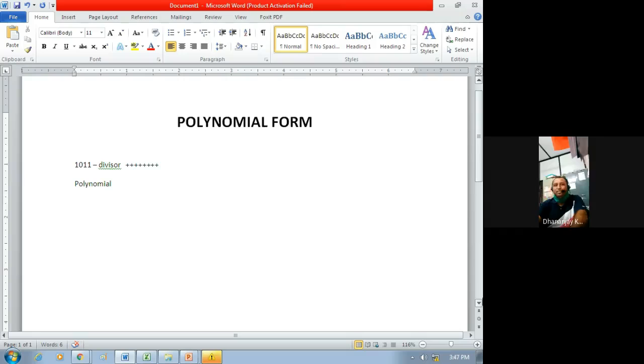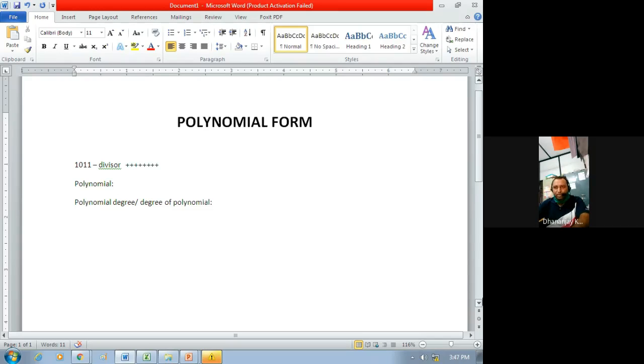Then we will see one more term, which we call the polynomial degree, or in other words, the degree of a polynomial. So these two terms we will study now, and then we will solve the example with the help of polynomial form, which is a very easy way to solve it.